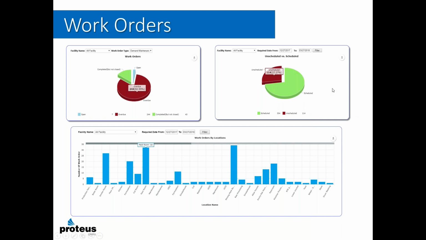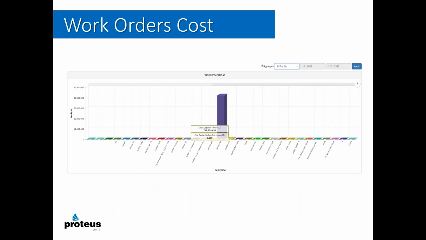So as work orders are opened and closed, people get to see exactly what's happening. And then we can look at work orders by location as well. The ability to see work orders where they are is something that is critical in knowing where your resources are and where they're being planned and used throughout the day.